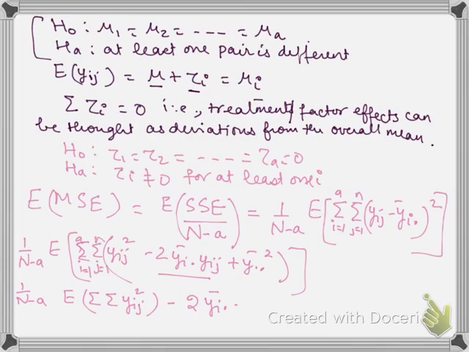So this is 2 times Yi dot bar multiplied by n Yi dot bar.